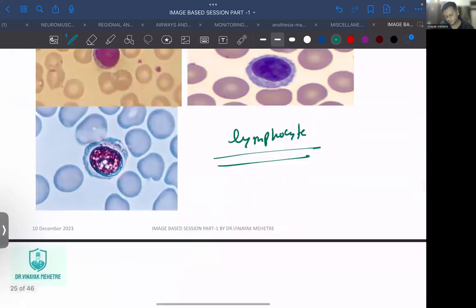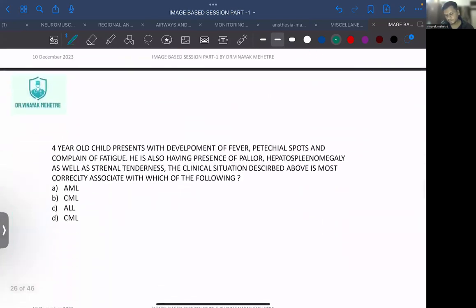Now we come to the main motive of today's class. If this comes, my work is done. At least 1 mark is fixed for sure. Try to read, take your time.